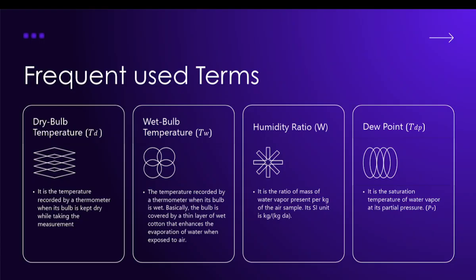Then the moisture present in the air will start condensing, and this temperature is known as the dew point temperature. In other terms, it is the saturation temperature at the partial vapor pressure. If we take the partial vapor pressure P_v present in the air, the saturation temperature at that vapor pressure is known as the dew point temperature.